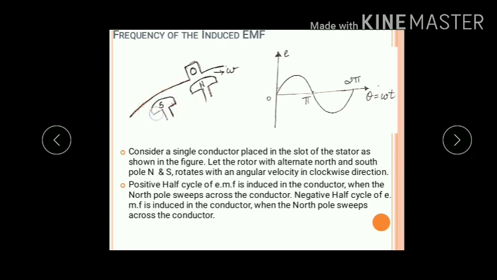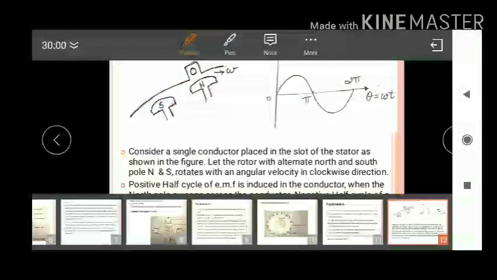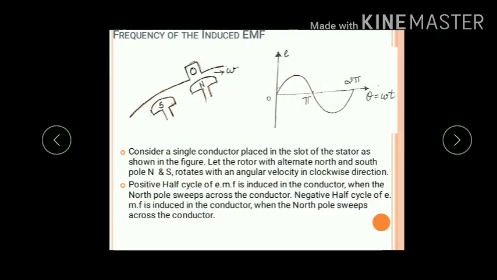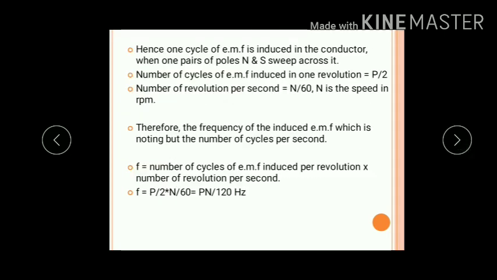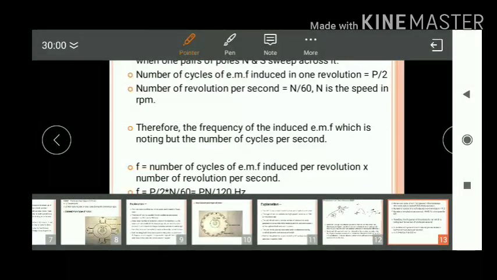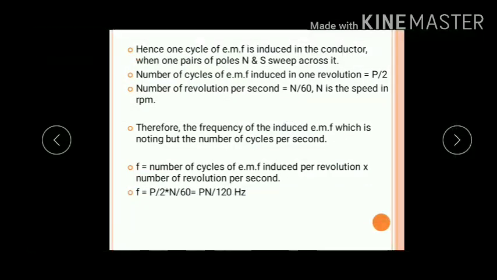So you get one complete cycle by two poles, north and south, right? Hence, one cycle of EMF is induced in the conductor when one pair of north and south poles sweeps across it.